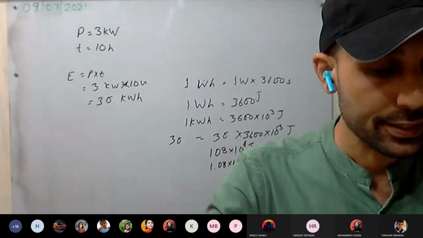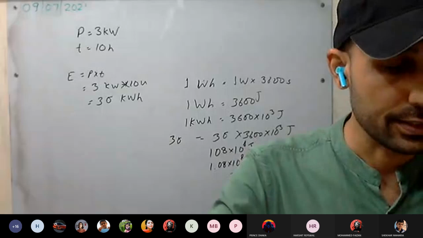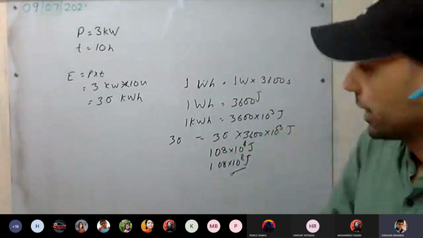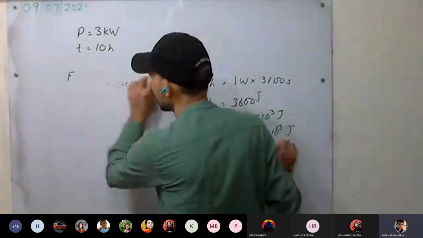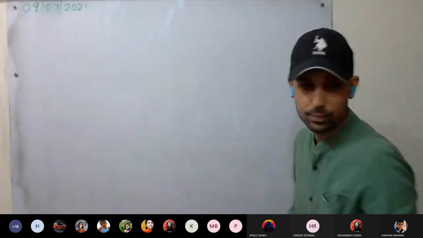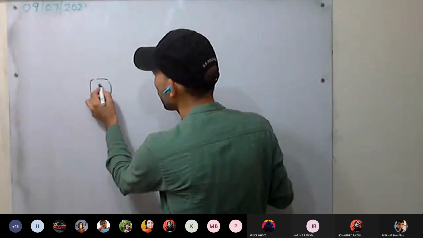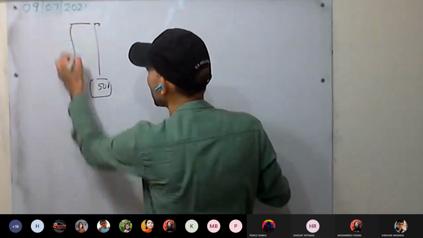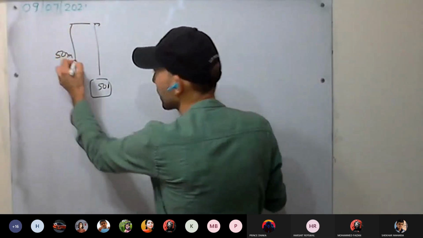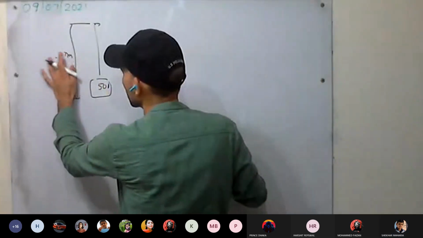A water pump raises 50 liters of water through a height of 25 meters in 5 seconds. So we have a water pump, and it is raising water in liters. 50 liters of water is being raised through a height of 25 meters in 5 seconds.